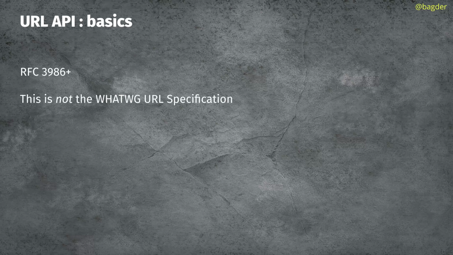So this is not the same URL specification that the browsers are using, meaning that there are a few deviances. So sometimes curl and the browsers disagree on what the URL is and how it should be handled, which is unfortunate, but life. So with the URL API, you can parse, change, and generate URLs, and I'll show you how easy it is.